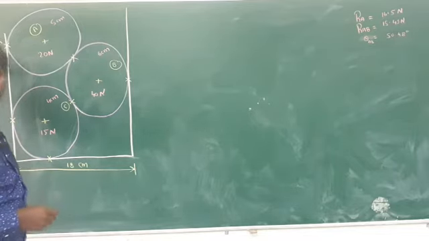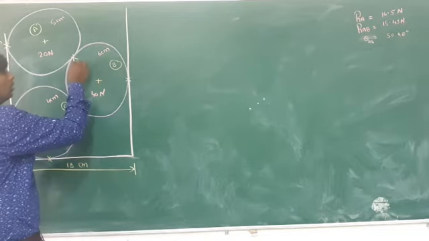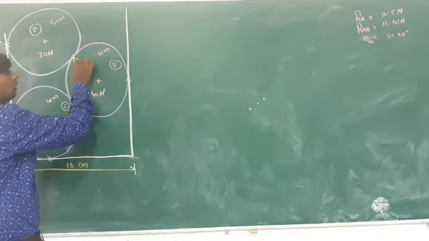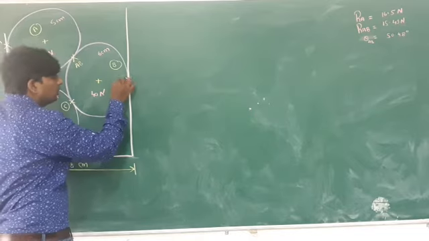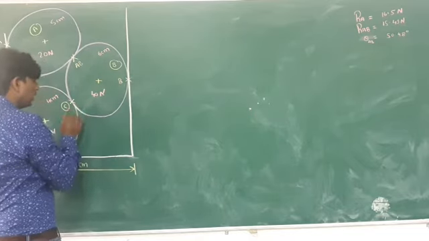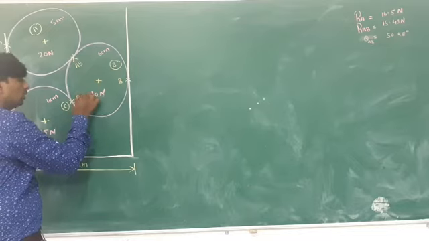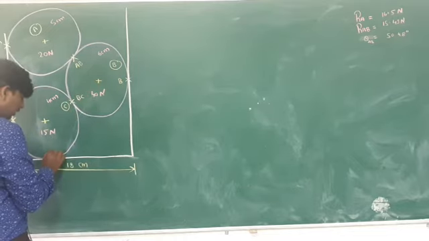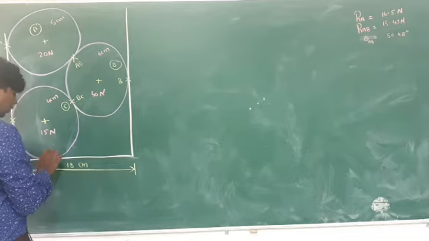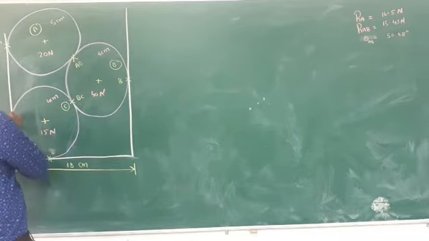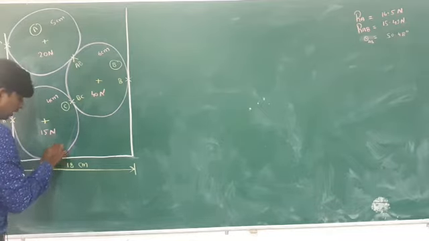Here this one you have to take as A, this one as B, and this one as C. It is lying between B and C, so this one you can take as BC, and this one you can take as A, and this one as A dash.